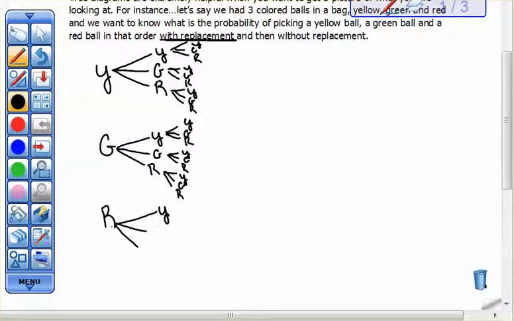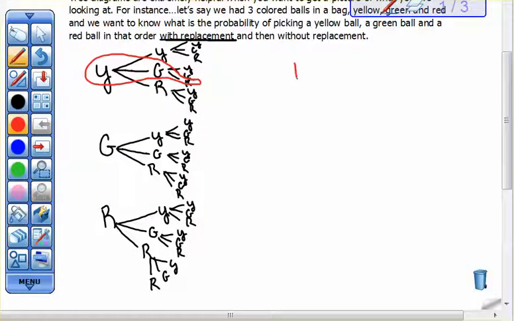So if I choose a red one first and then put it back in the bag, we could pick out yellow, green, or red, and so on for each branch. So in order for me to choose yellow, green, then red, that would be this possibility right here.